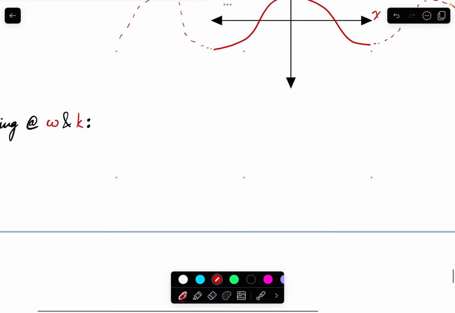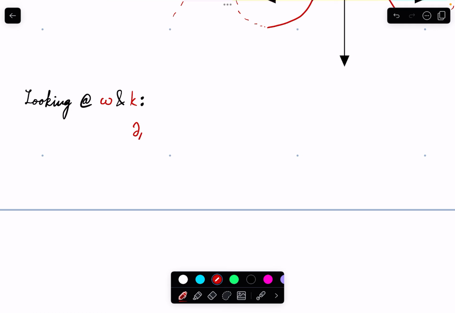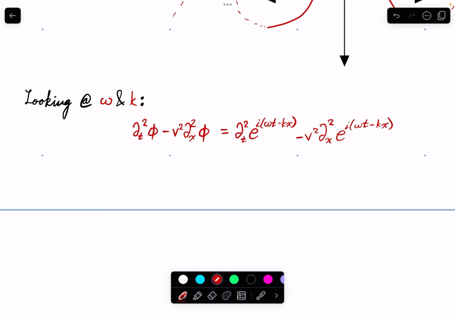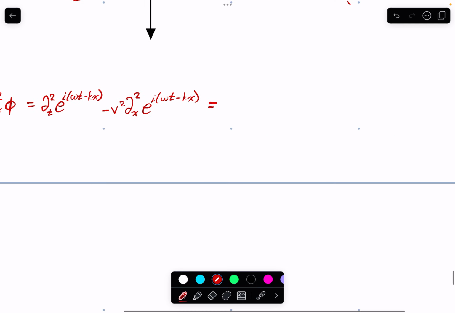So the first thing we do is to distribute the wave and then take a derivative on both of these.